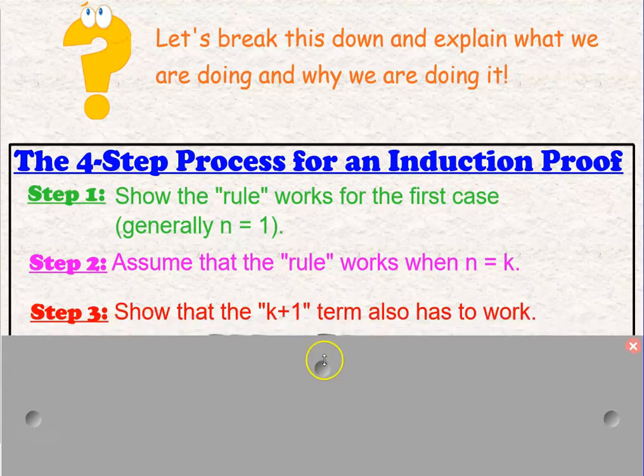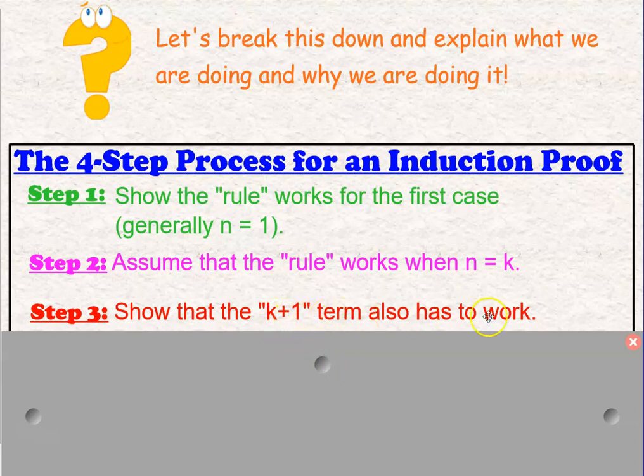Step 3, show that the k plus 1 term also has to work. So by the time you get to step 3, in step 1 you've shown it works for the very first term. Step 2, we're going to assume it works for some eventual kth term. Step 3, show that the next term after k, the k plus 1 term, has to work.